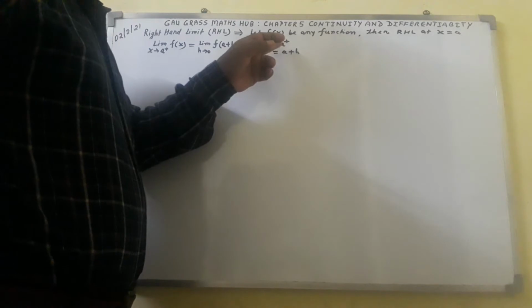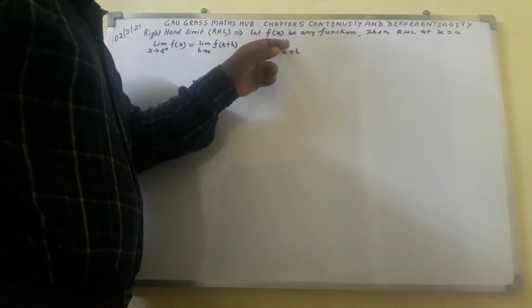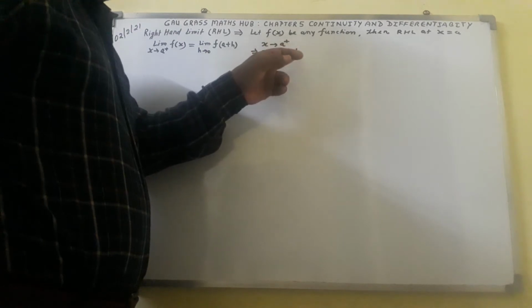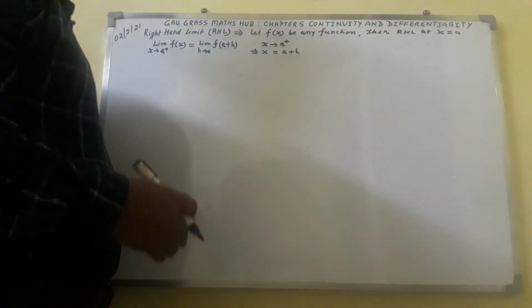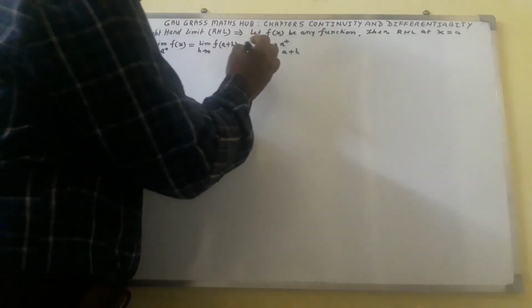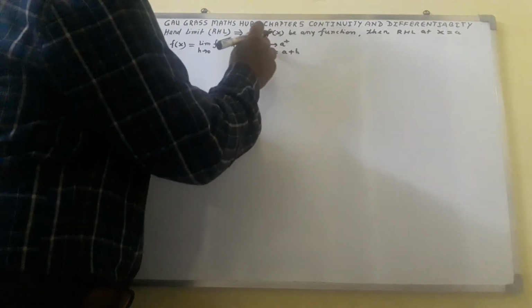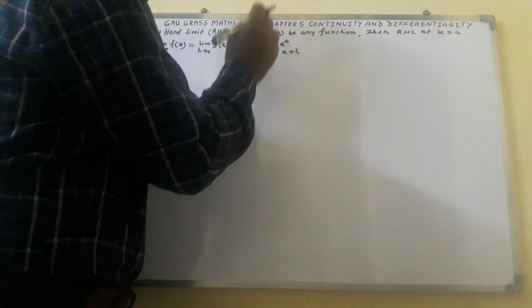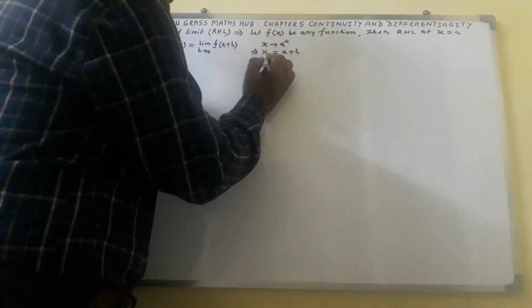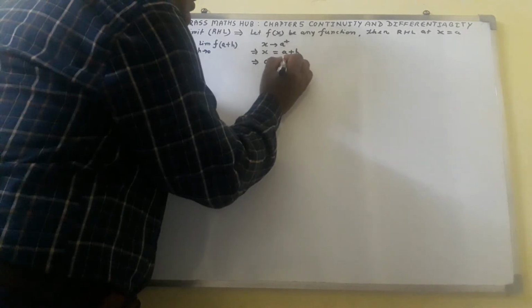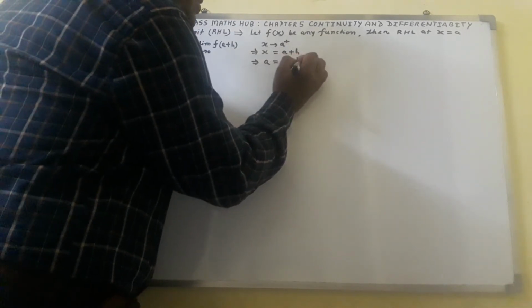Here just a is there, so write a, plus is there, here write plus, here write h. It will become. After that, here x equal to a is there. So in place of x, I shall write a plus h.